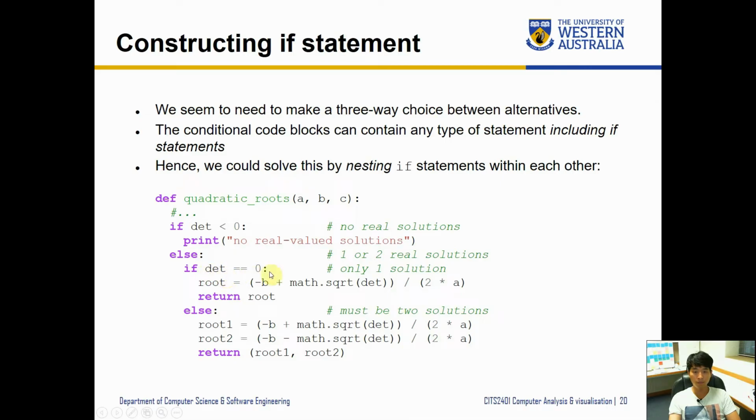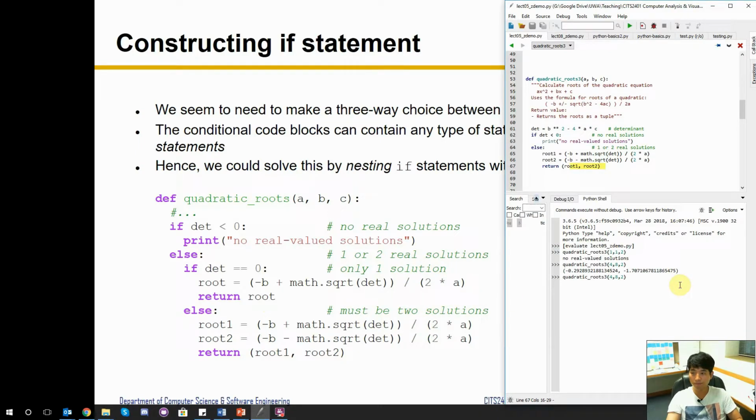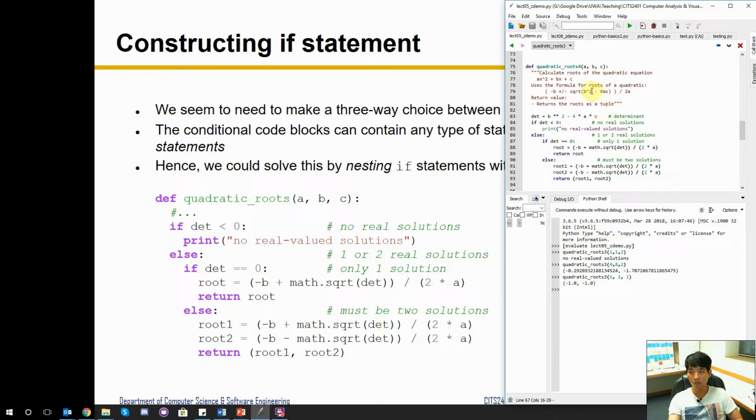If it is 0, then I calculate only one root and return it. Otherwise, I calculate both roots and return them. So this way, our current solution for 1, 2, 1 returns both -1s, but we have our next one, quadratic 4.